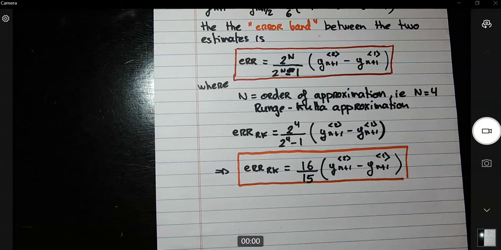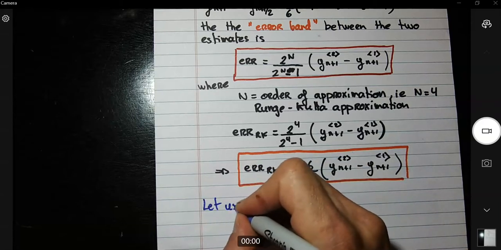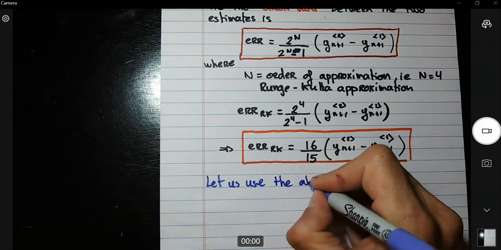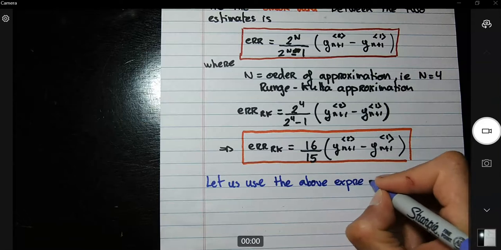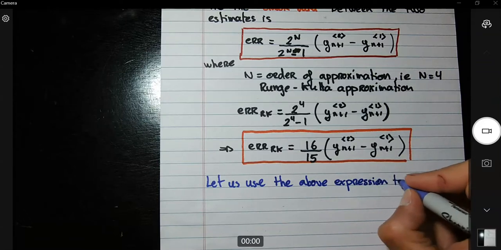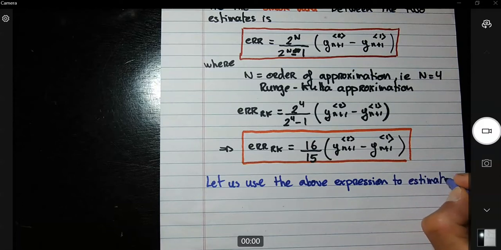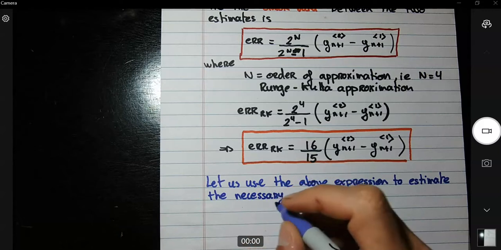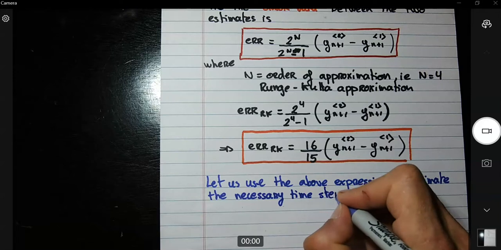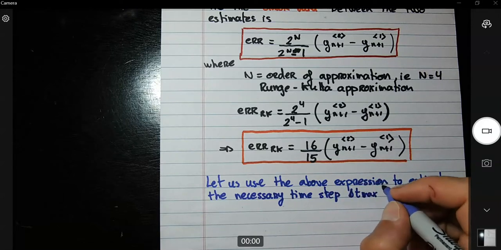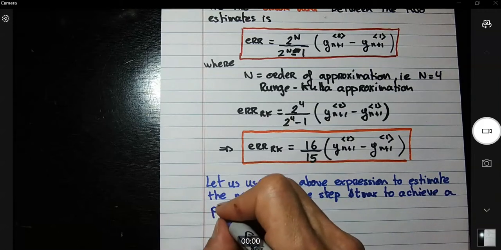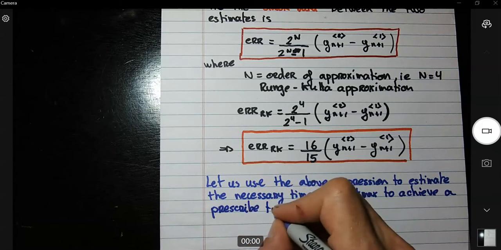All right, so now let us use the above expression to estimate the necessary time step delta T max to achieve a prescribed tolerance.